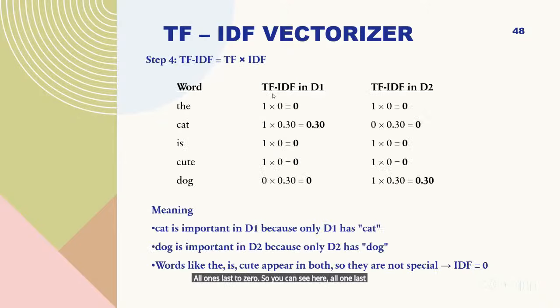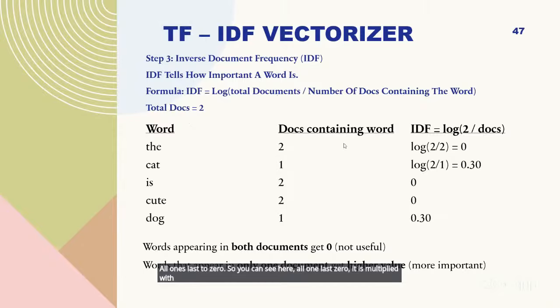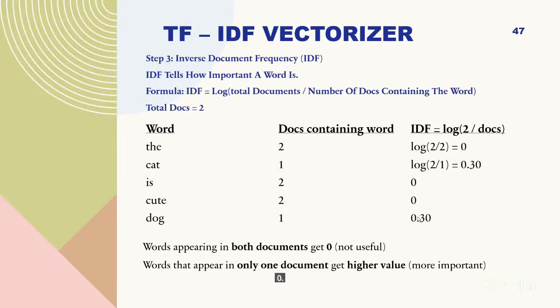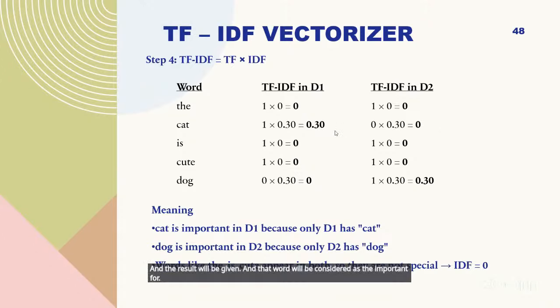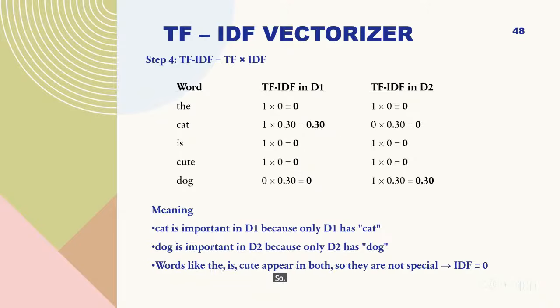It is multiplied with the IDF that we calculated in the previous slide: 0, 0.30, 0, 0, 0.30. So it is multiplied along with that, and the result will be given, and that word will be considered as important for that document. Separately, we are going to find out which word is important for which document.